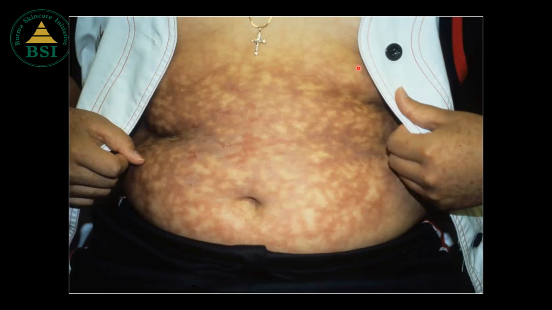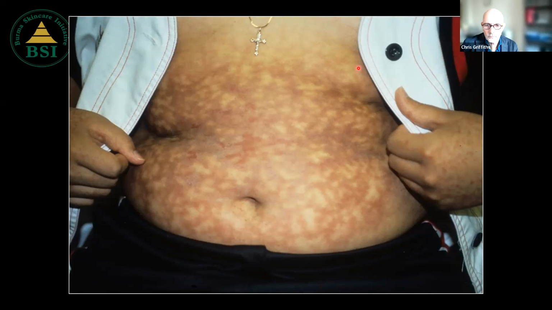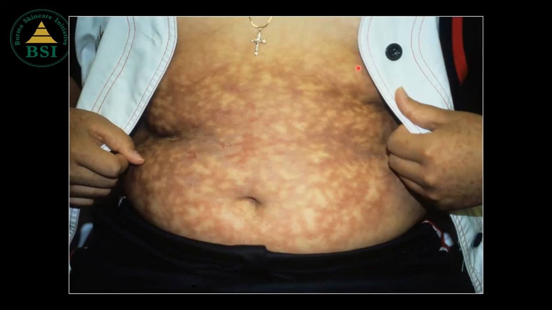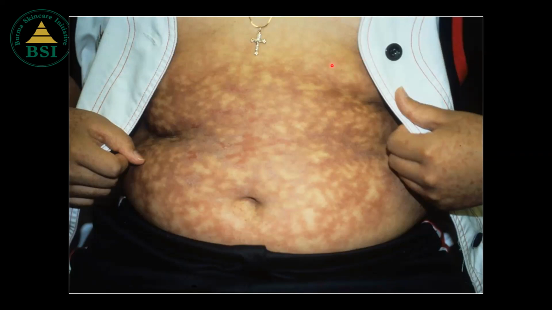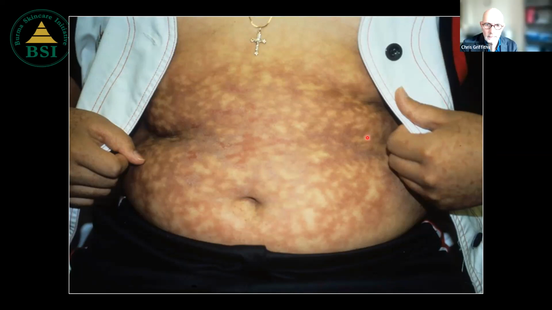There's a patchy or network-like rash occupying the lower half of the chest and the abdomen as well. Yeah, I think that this is the key thing for us to look at.